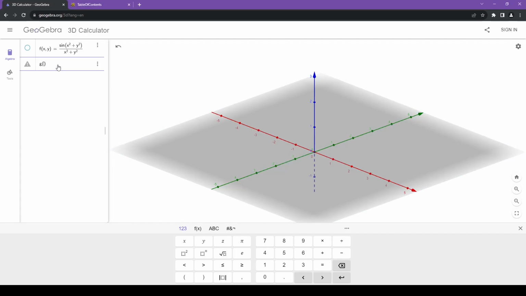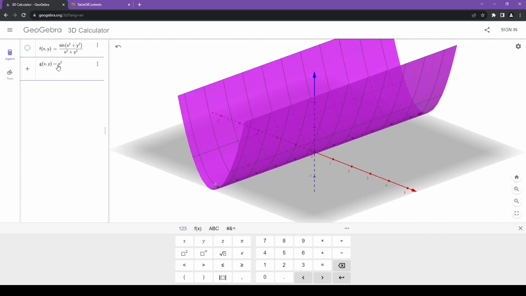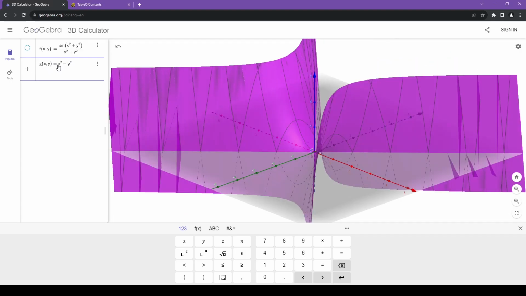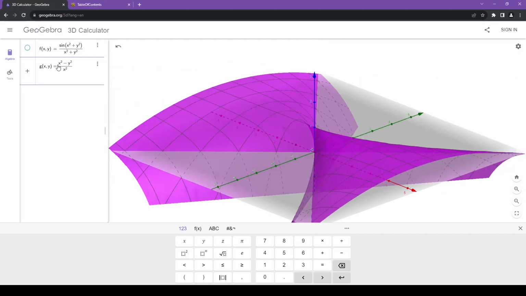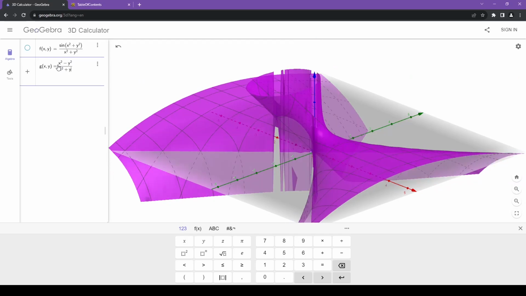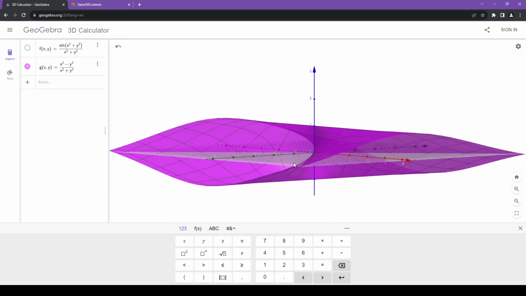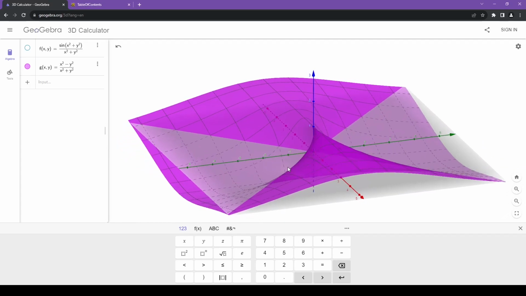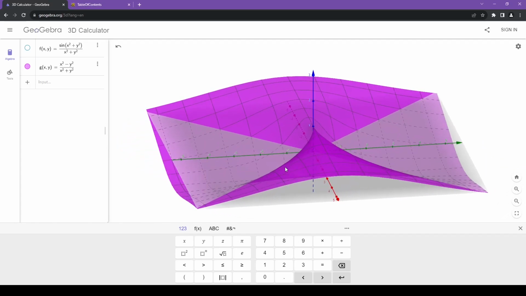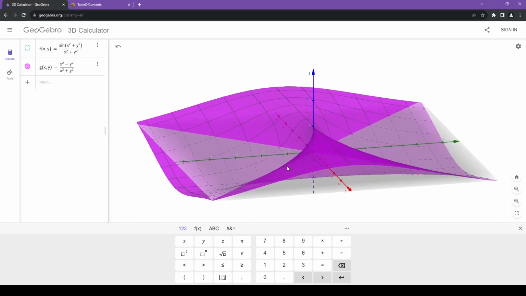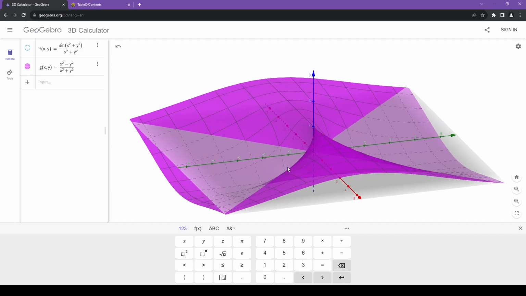If we type in our other example, things look less nice. We need to pay very careful attention to what's going on with our different axes here.